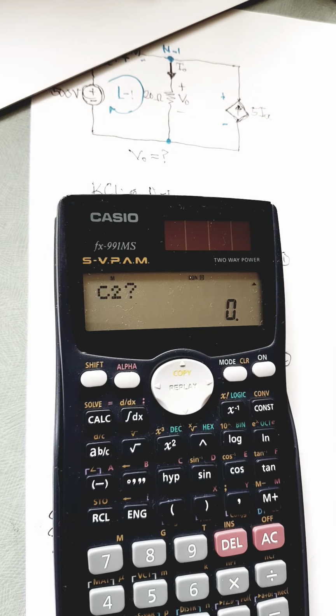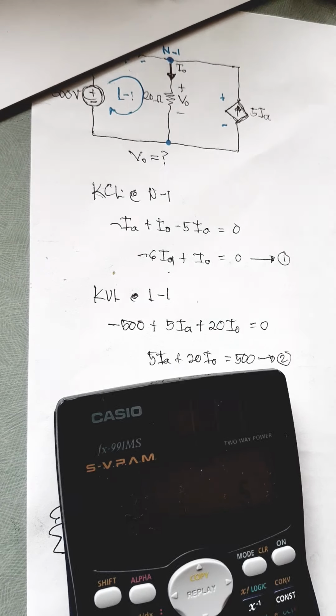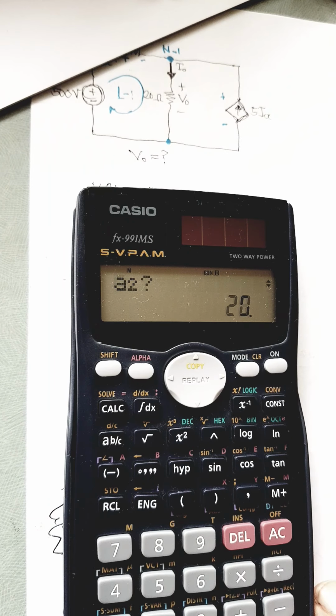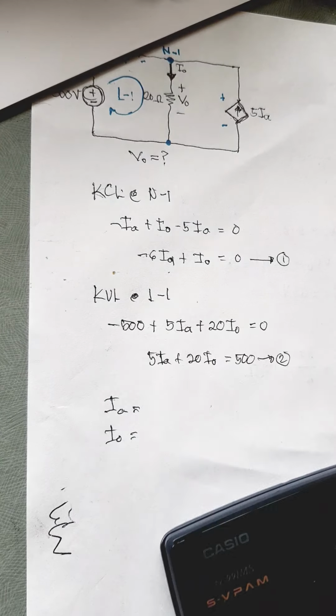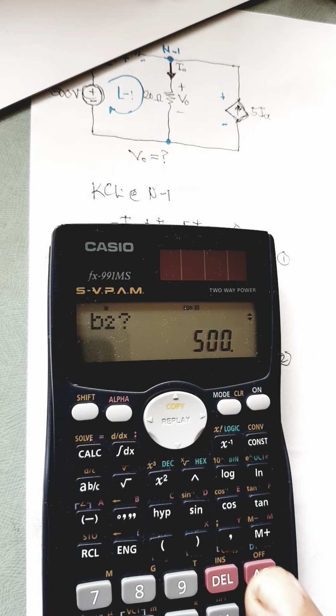So the answer is, sorry. Start A1, negative 6, and then 1, and then, no, this should be 0. And then A2 is 5. Then 20.